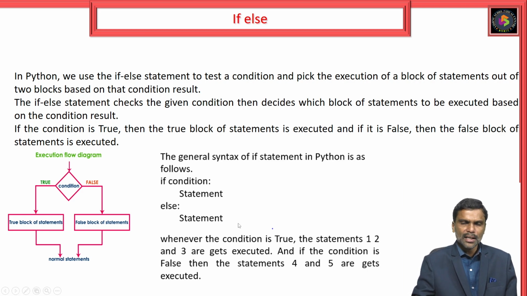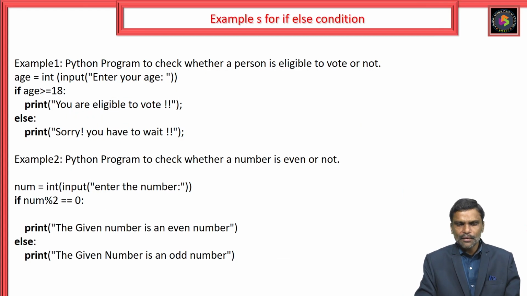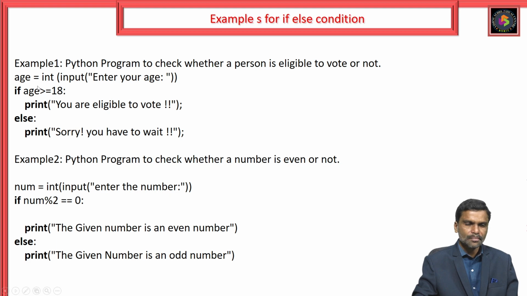A very simple example, in the previous case which I discussed: check whether the person is eligible to vote or not. As in our country India, if the person is 18 years of age, they have the right to vote. If not, they are not allowed to vote. They cannot use the right. So here I have given the same program.